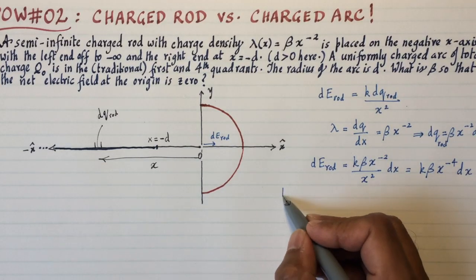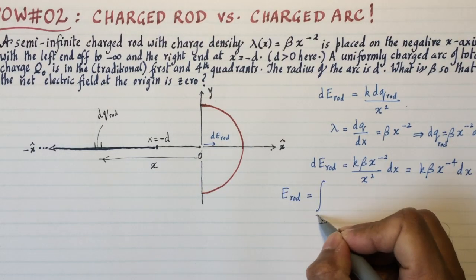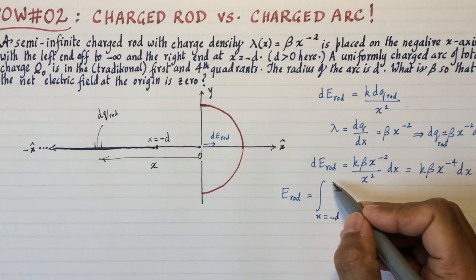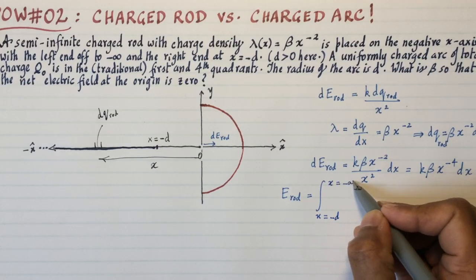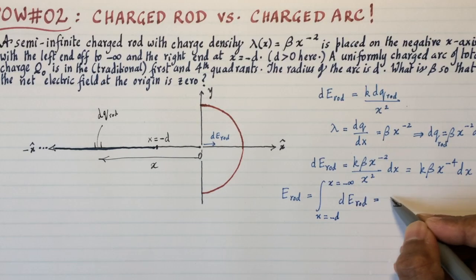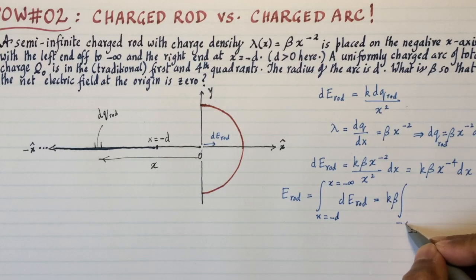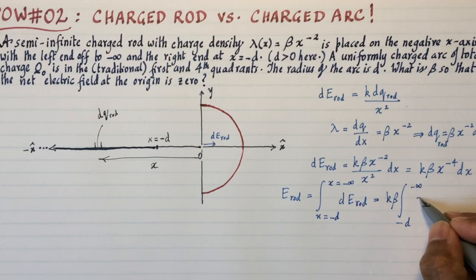The electric field of the rod itself is got by integrating it from where the rod begins and where the rod ends. K and beta are constants, so I'll pull them outside, and I get the integral from minus d to minus infinity of x to the minus 4 dx.